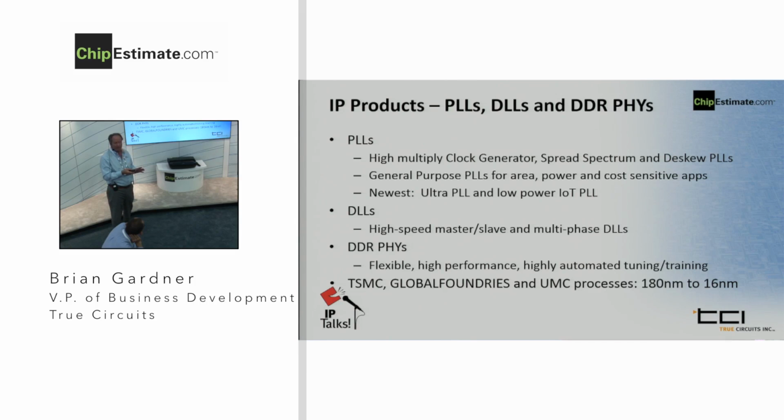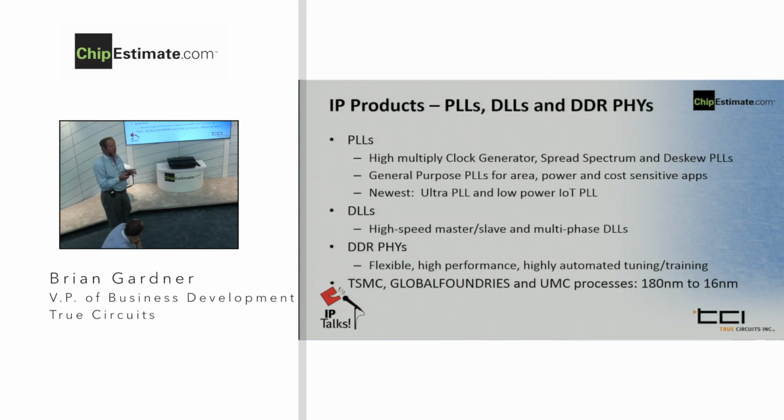So we have some very high clock multipliers. We have a new PLL that has multiplication up to 250,000. We have PLLs that do certain specific things like deskew, you might put that in some kind of a PHY or some kind of a local circuit.